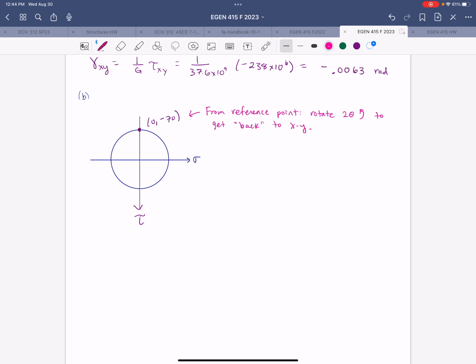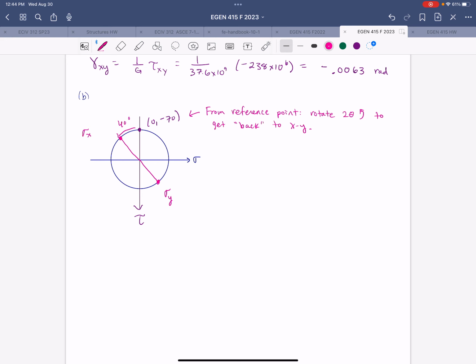All right, and 2 theta is 40 degrees. So something like this. All right, so this point will give us our sigma x. And this point will give us our sigma y.